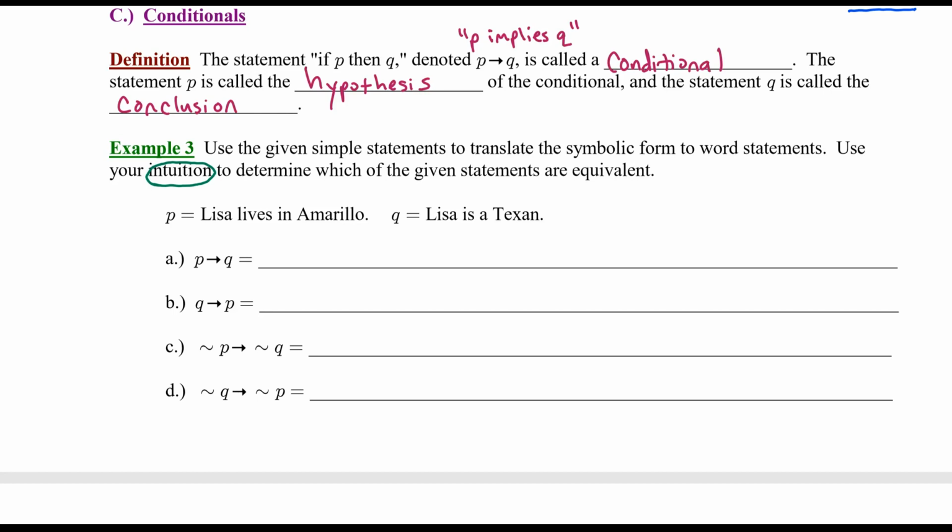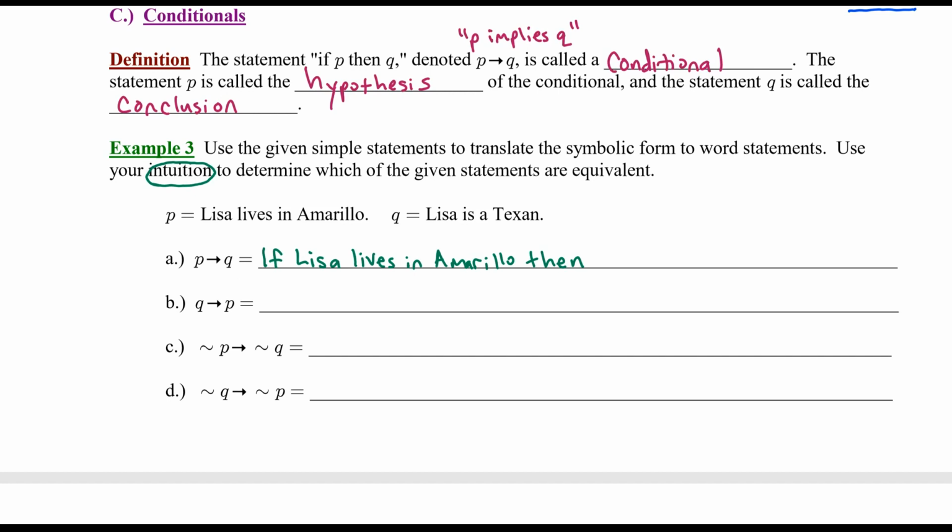Now, the first statement in our conditional, the hypothesis, is P, but the conditionals begin with the word if. So we'll start with if, and then we'll write the statement P, that is, Lisa lives in Amarillo. And then we'll translate this connective as then we have Q. Then Lisa is a Texan.